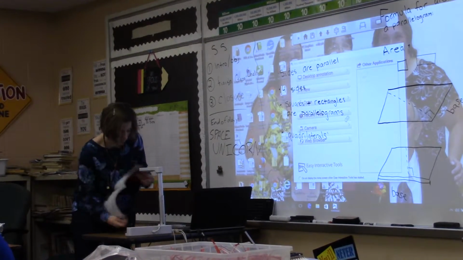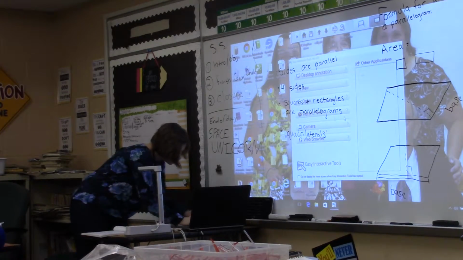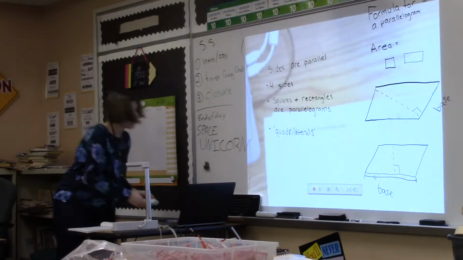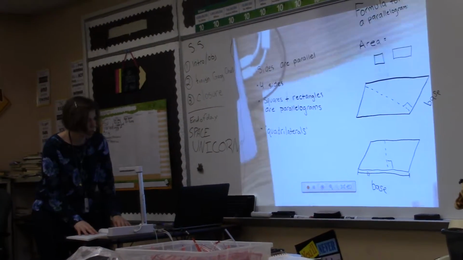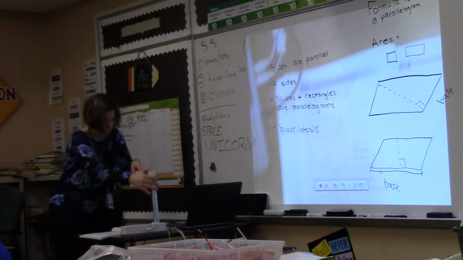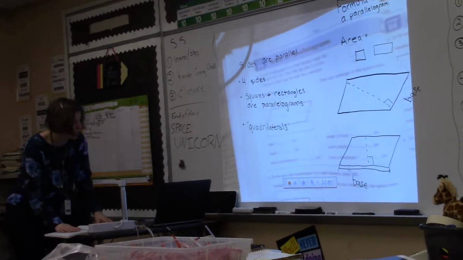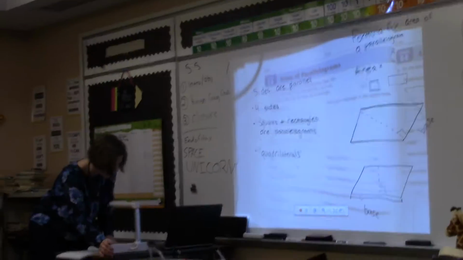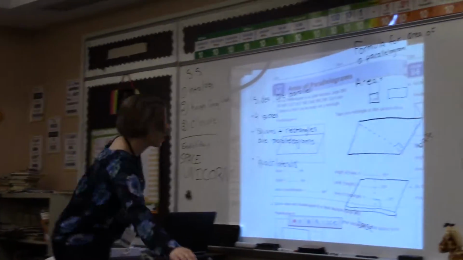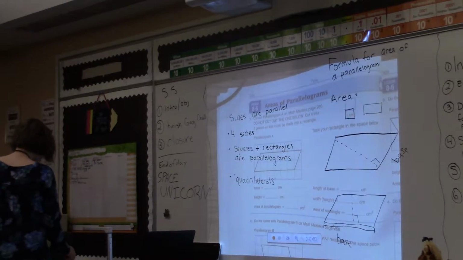Okay, I don't want to erase my notes, so I'll try to make this as clear as I can. And if I need to erase, I will. Number 1, page 236.